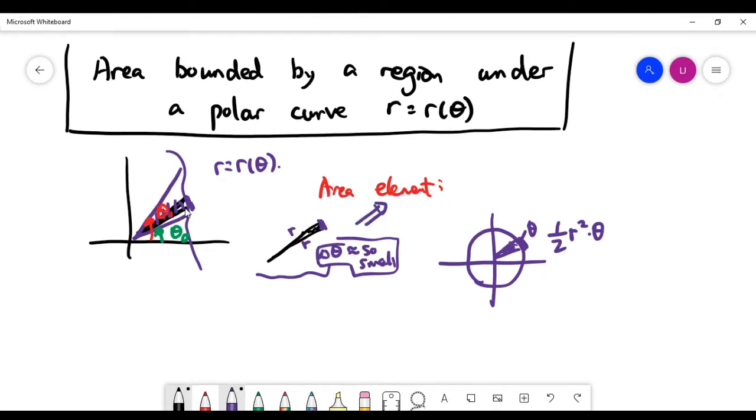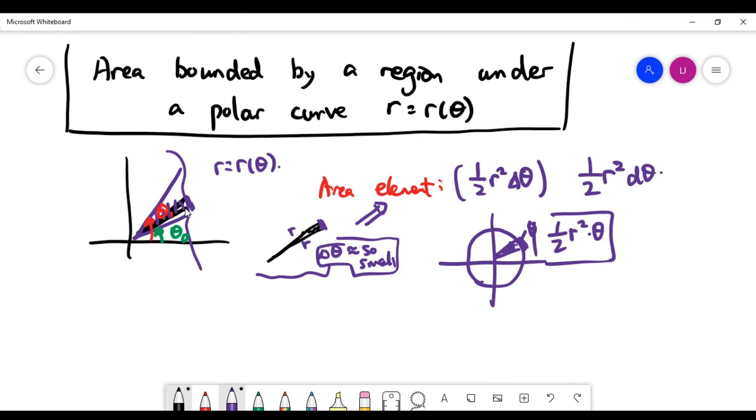But based on this fact, the area element can be thought of, because of this formula, as half times r squared times the very tiny difference of the angle. I use delta theta to represent that. In terms of differential notation, the area element is half times r squared d theta.